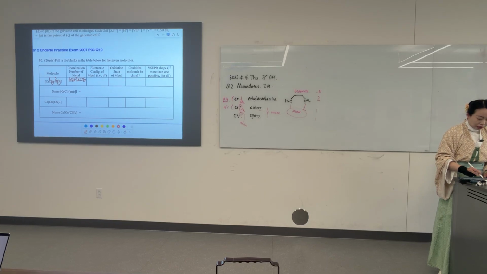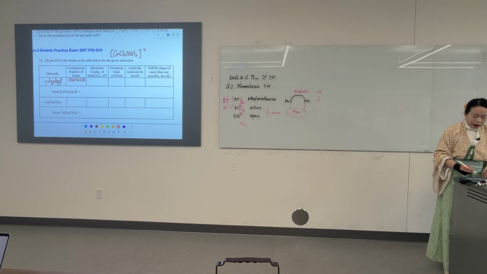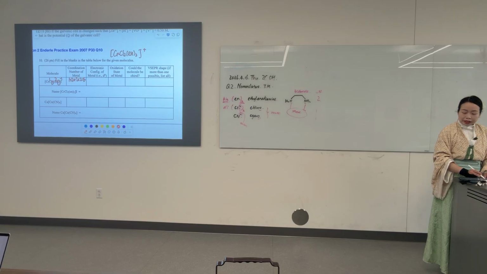Okay, electron configuration of the metal, then we need to write this one out, Cr Cl2 en2. My iodide is always going to be -1, so overall it's positive. I haven't done it yet, because later I want you to write the name of it.